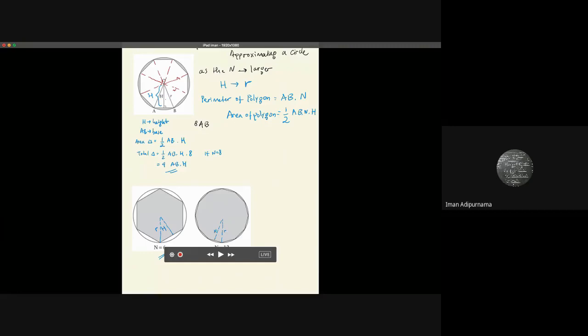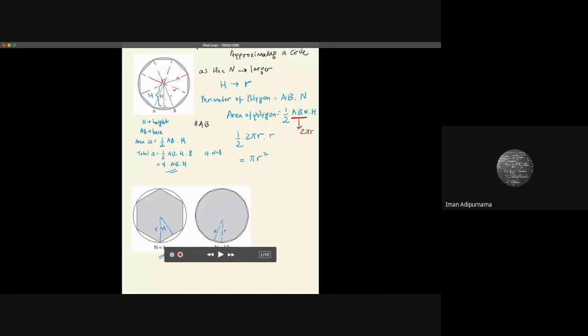So as h gets closer to r, half the ABN here is getting closer to our 2 pi r, the circumference of the circle. Then I can rewrite this ABN with 2 pi r, and when h is getting closer to r, it is getting r. So we can get this pi r squared.